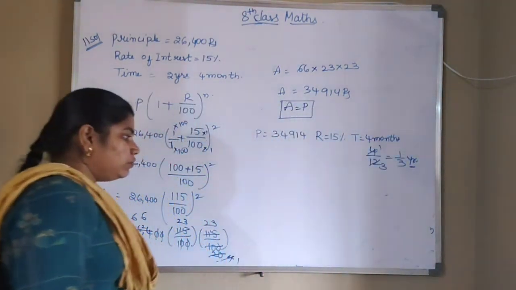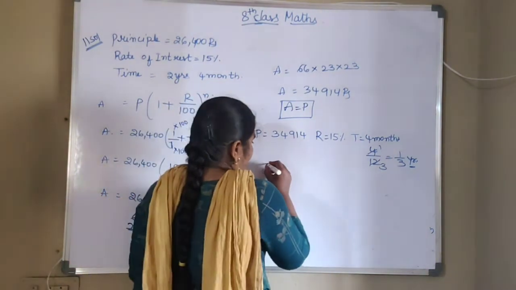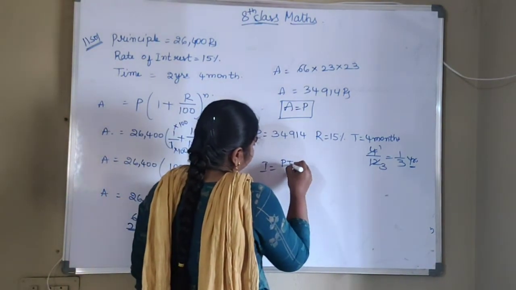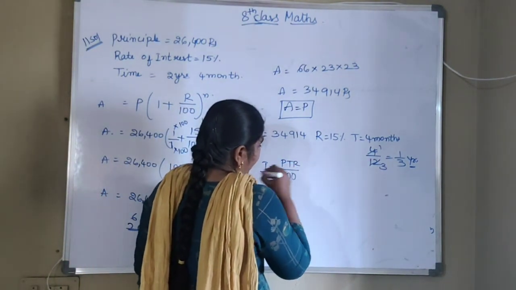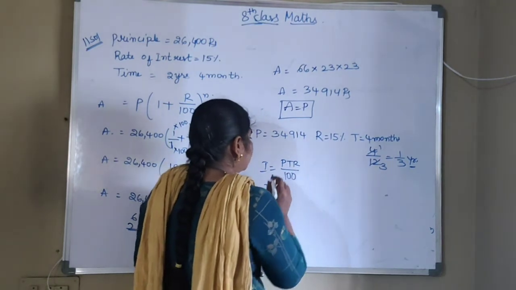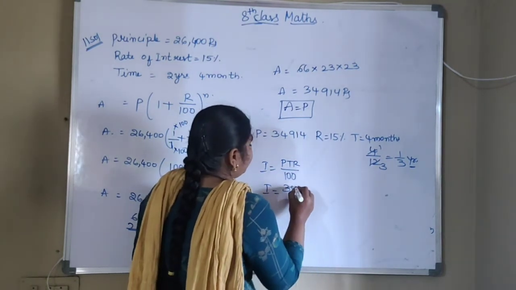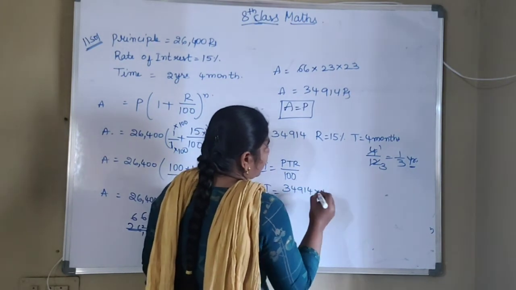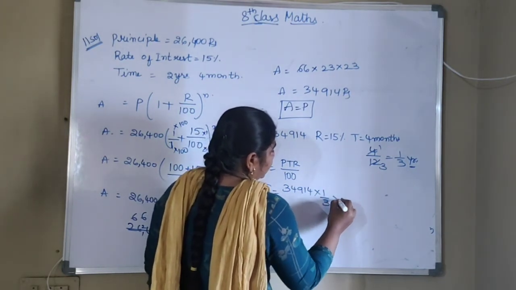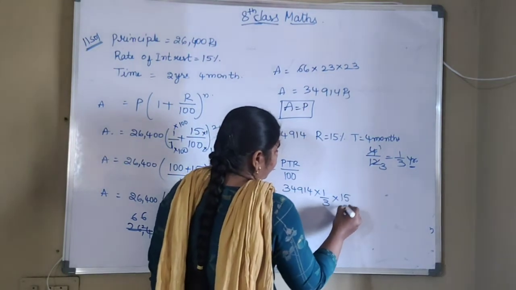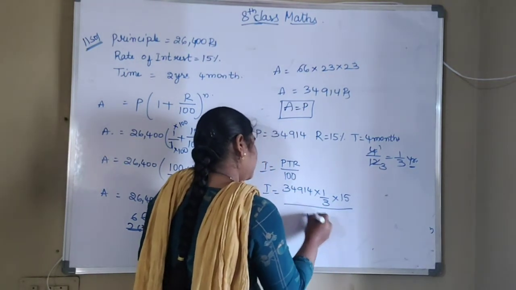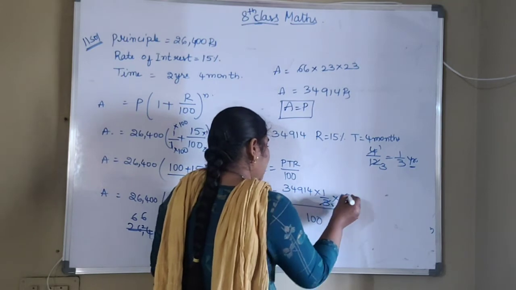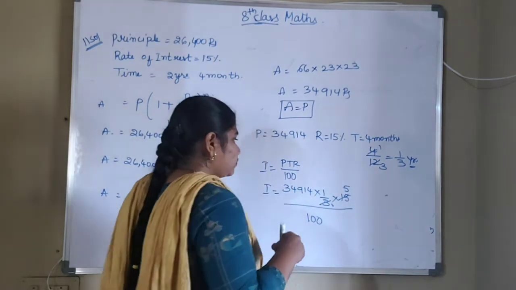Okay. Now how to find it? That is I is equals to PTR by 100. So I is equals to, what is the P value? 34,914 into the time value, 1/3 years, and the rate of interest is 15/100. So here 3 ones are 3, 3 fives are 15. Okay.